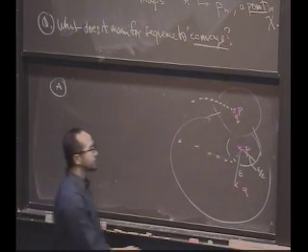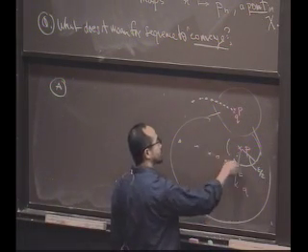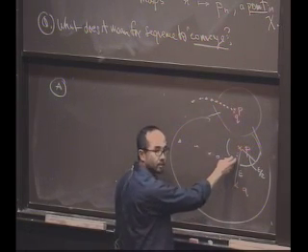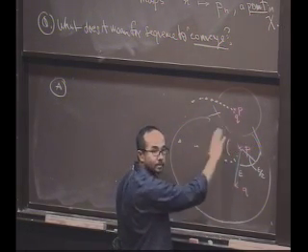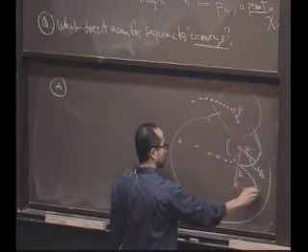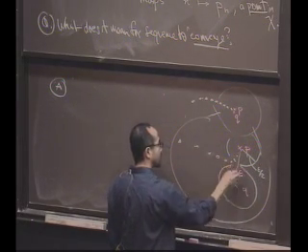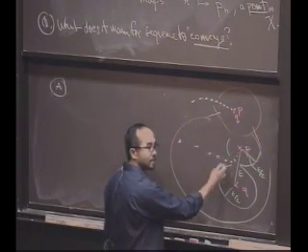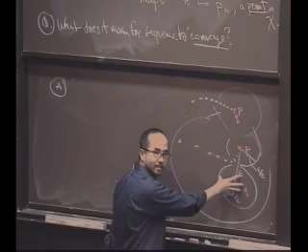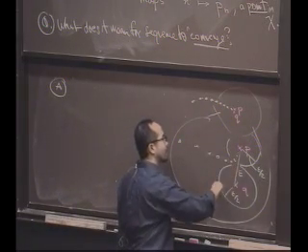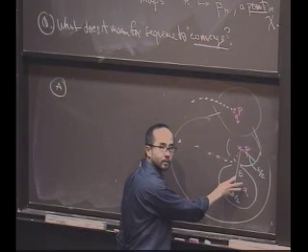Well, eventually, past some point in the sequence, past the, let's say, 17th term, they're all in here, yes? But I could also draw an epsilon over 2 ball around Q, yes? And past some point in the sequence, they're all in here, yes? What's the contradiction? Maybe past the 17th they get in here, and past the 52nd they get in here.